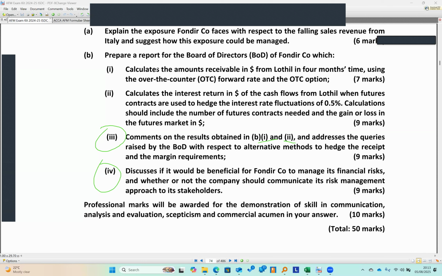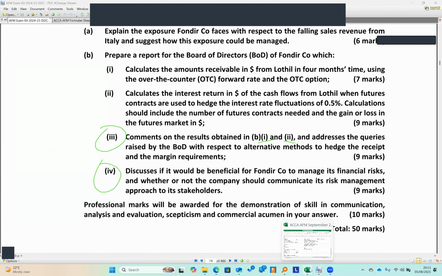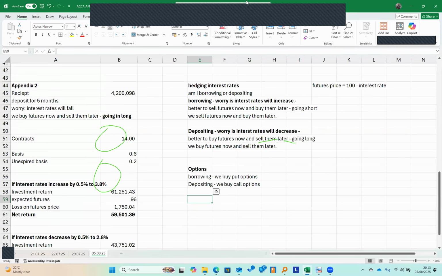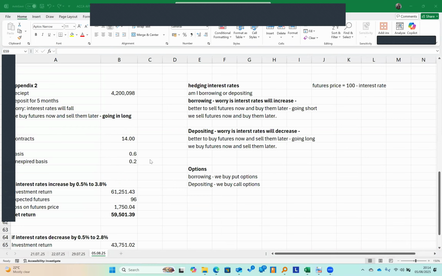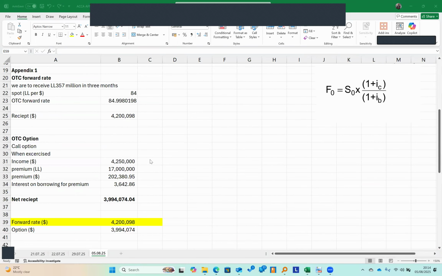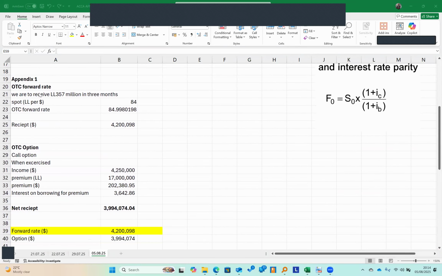When you look at the computation, we saw that when we use the over-the-counter forward rate, we get more money than when you use the option.